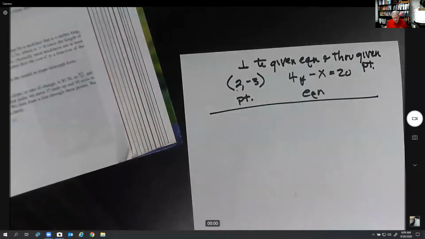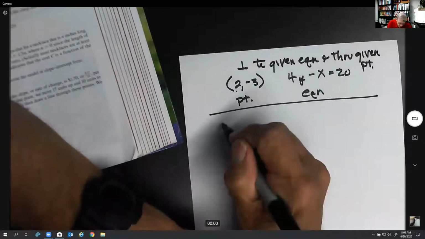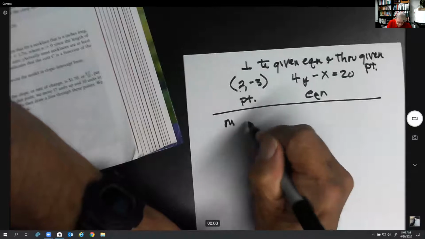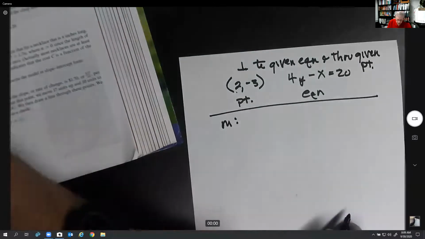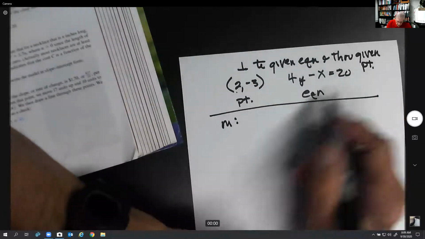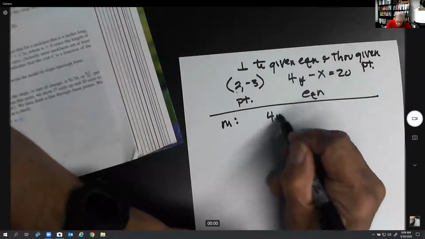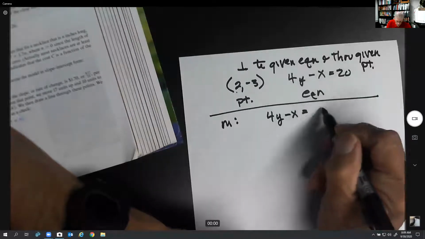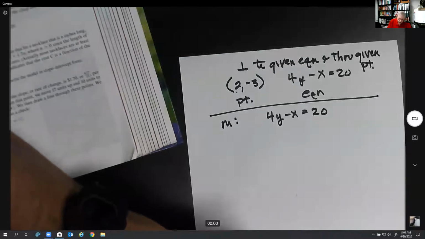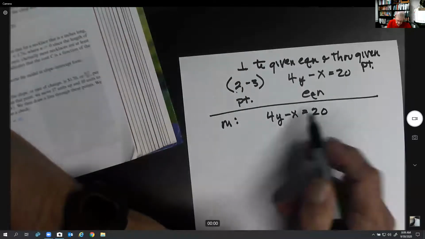Well, 3-step approach. Let's find our slope. Okay, so we're going to take our given equation and rewrite it for y. So I'm going to bring this x to the other side.